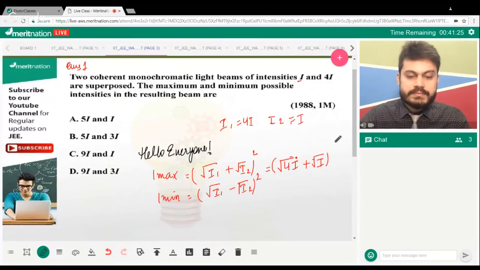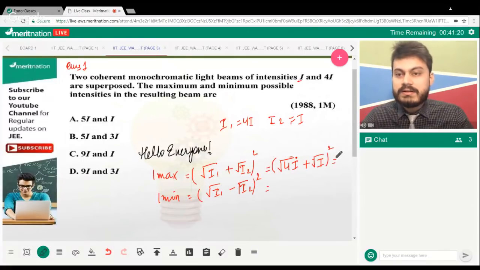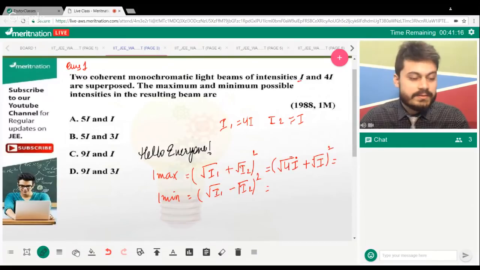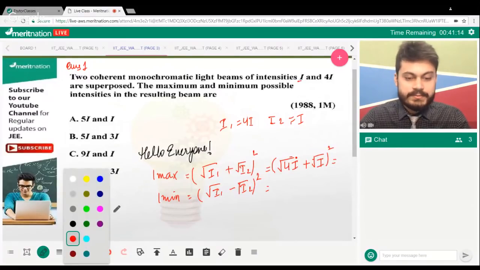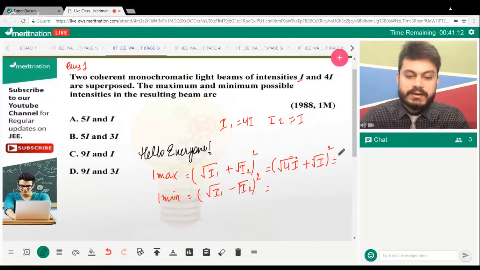So what is this value, everyone? Let it be solved, guys. Yes, yes. So yeah, that is correct, Saurabh. I'm doing it. So it will become (3 root I) whole square, that will become 9i. Similarly, for the other one, it will be root of 4i minus root of I. Okay.